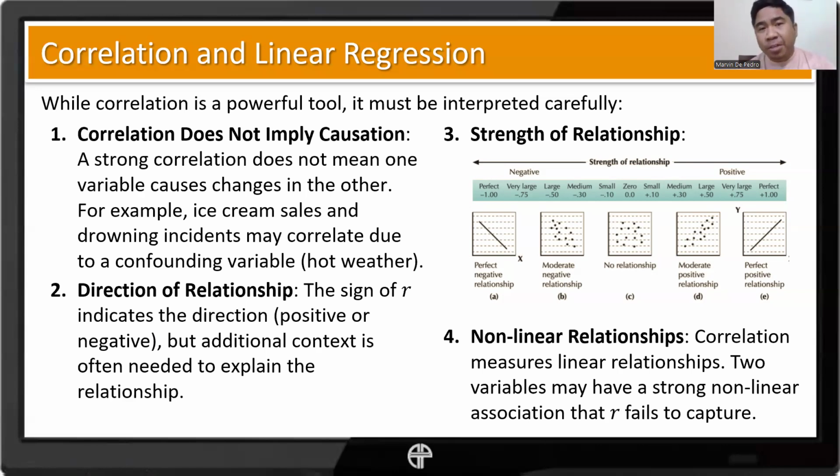For example, ice cream sales and drowning incidents may correlate due to a confounding variable, and that is hot weather.